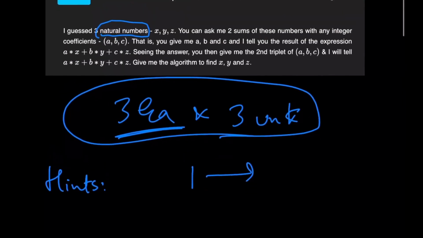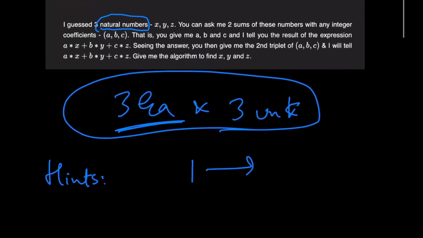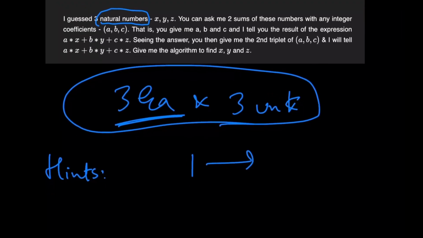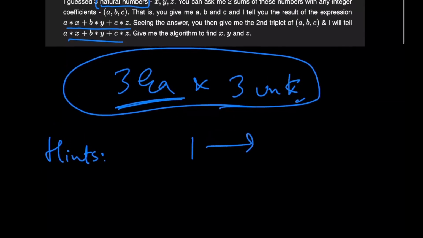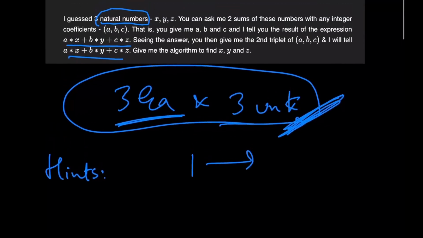A second hint I'd give you is to understand the fact that we are allowed to choose the linear combinations, or rather the equations, right? We are allowed to choose A, B, and C for both the equations. So this is slightly different to a simple problem where we would have been given three equations and three unknowns. It's different in that the numbers are natural numbers, so they are bounded in some sense, and also that we get to choose the equations in some way.